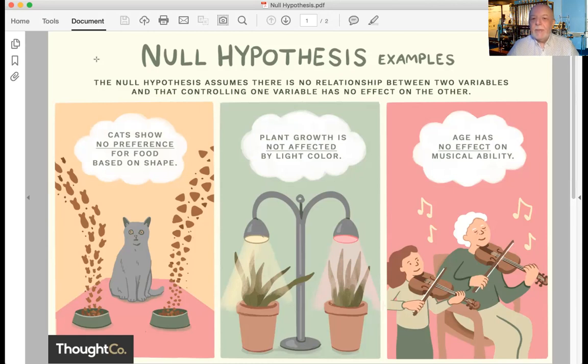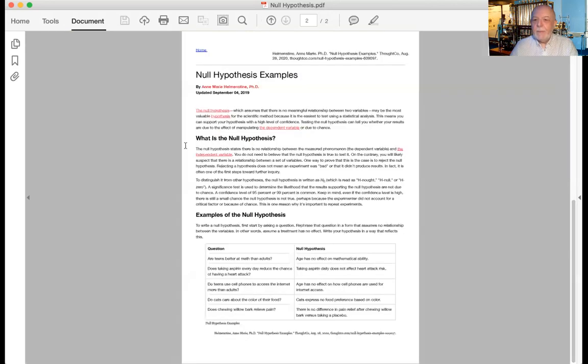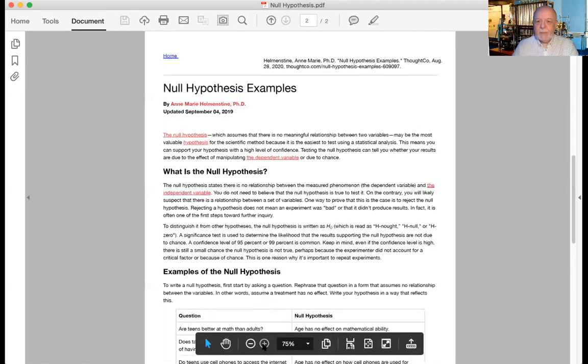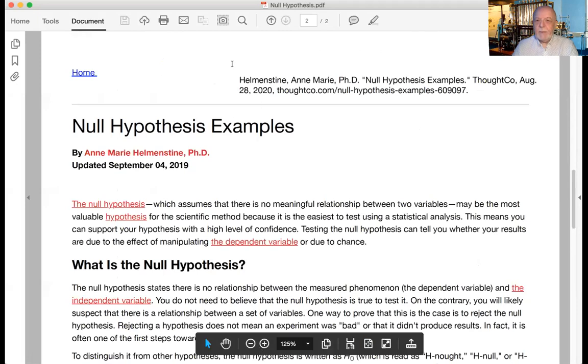And what you would do in an experiment is to try and see whether that null hypothesis was true or not. And this is often used in experiments in science. So here's some text as well from this page. Let me make this bigger. So here's the reference to the text up here.